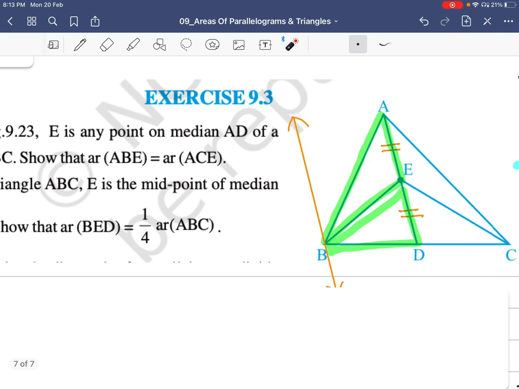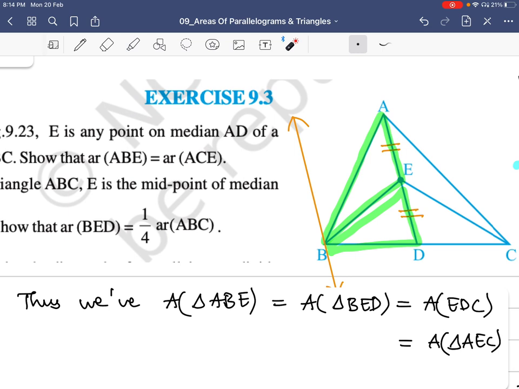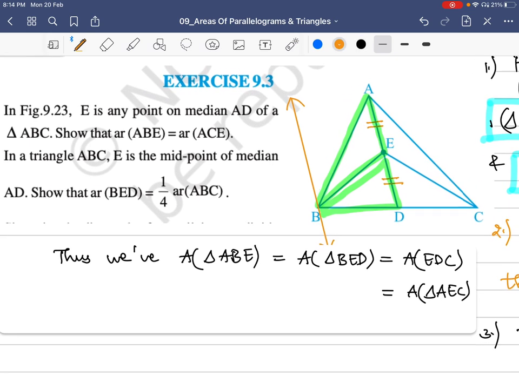So thus we have area of triangle ABE equal to area of triangle BED, which is equal to area of triangle EDC, which is equal to area of triangle AEC. So all these four triangles inside this triangle have equal areas to each other. Okay, so now it's just a matter of observations.